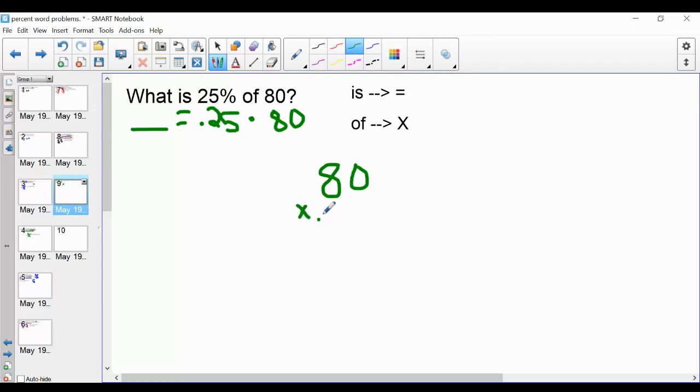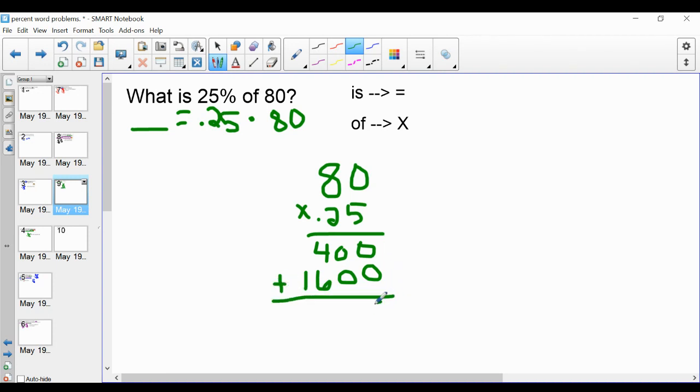times 0.25, 25 hundredths, right? 5 times 0 is 0. 5 times 8 is 40. Add our placeholder at the end here. 2 times 0 is 0. 2 times 8 is 16. You have to add these together. 0 plus 0 is 0. 0 plus 0 is 0. 4 plus 6 is 10, so we put the 0 and we carry the 1.